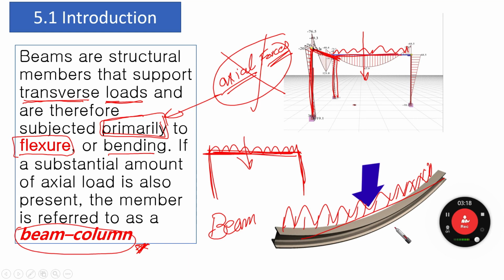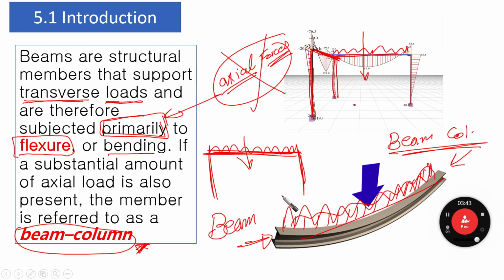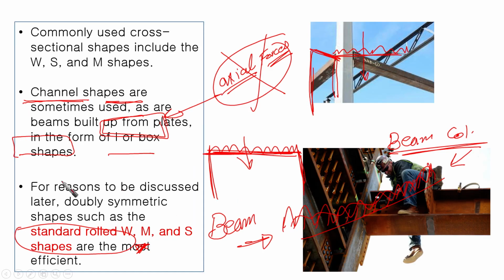But if this element has a substantial amount of axial force plus the flexural bending straining actions, in this case we call it a beam column, which is going to be discussed and explained later. So to this point we are on the same page that we understand what is the meaning of beams. Okay, let's go next.